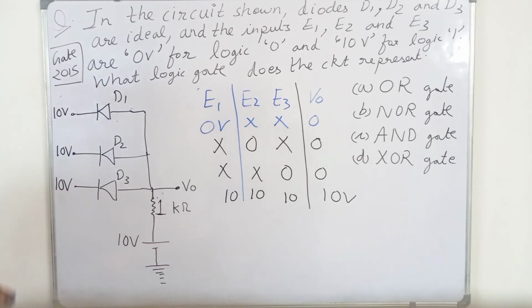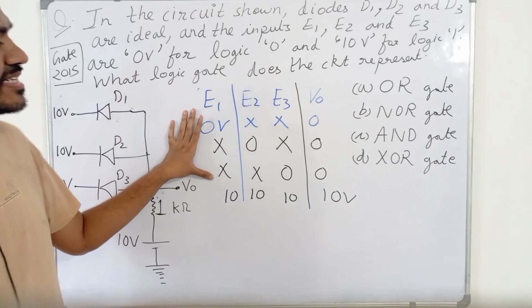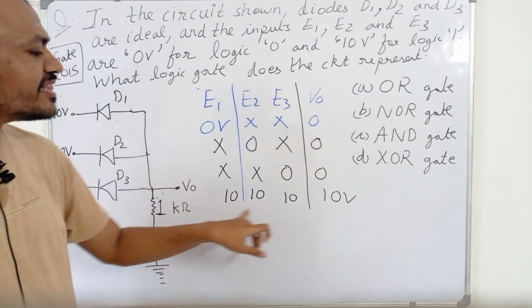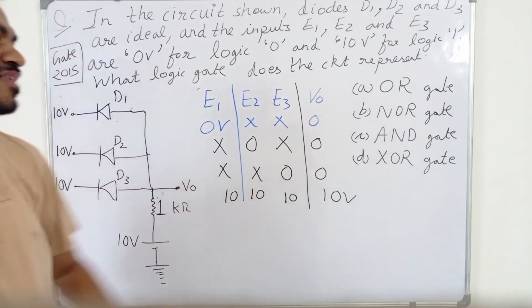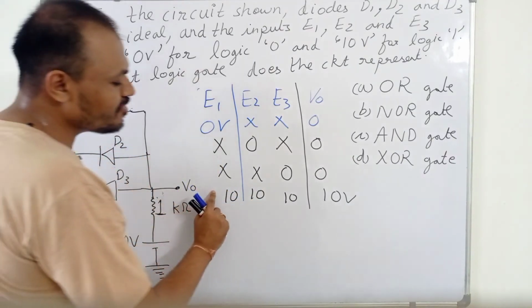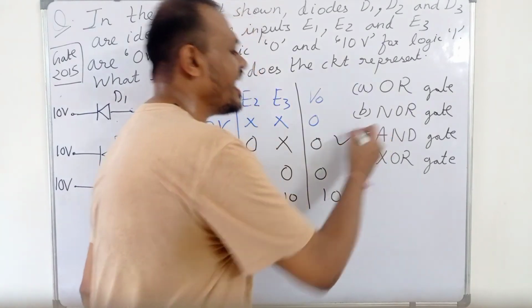If you apply KVL, V0 will be equal to 10 volt. So for all other cases the output is low, but only when all the inputs are high, the output is high. So clearly this is an AND gate.